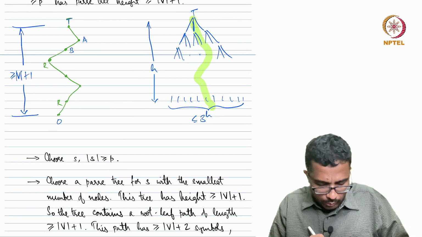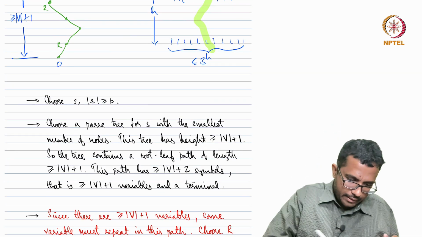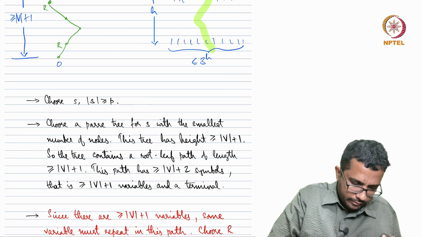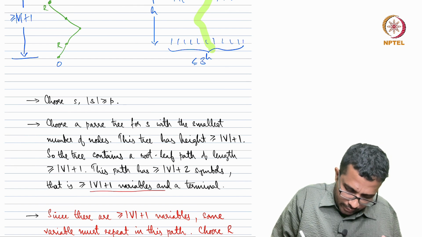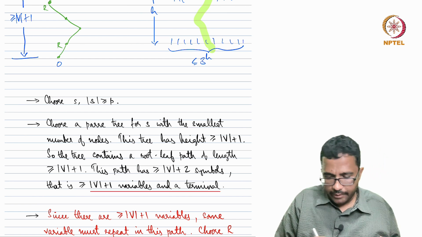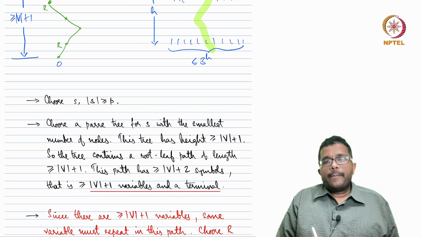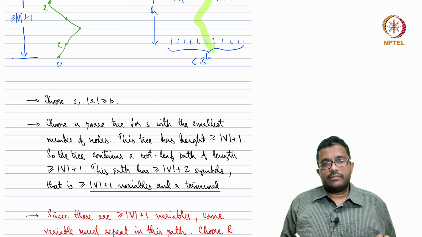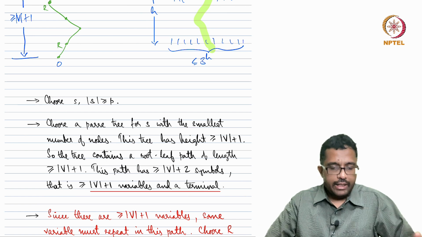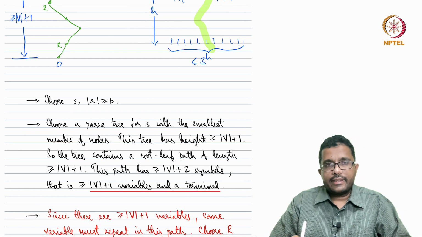Here I am saying the same thing. This has at least v plus 1 variables and a terminal. Okay, but we know that the grammar has only v variables. The size of v, by definition, is the number of variables.